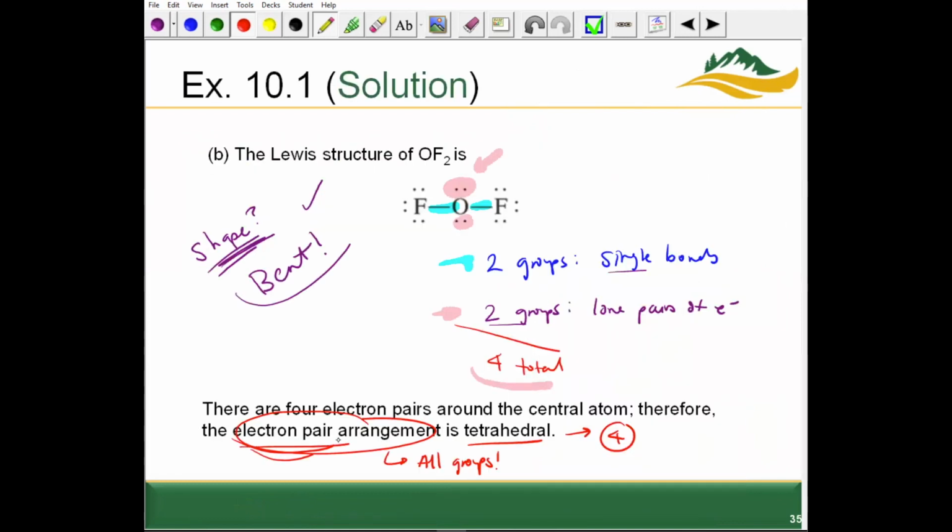So arrangement of electron pairs is tetrahedral. Then for the molecular geometry or for the shape, however, that is now considered bent. So bent is a classification of tetrahedral. Again, we'll look at an expanded table that will be really helpful in differentiating electron pair arrangement versus molecular geometry.